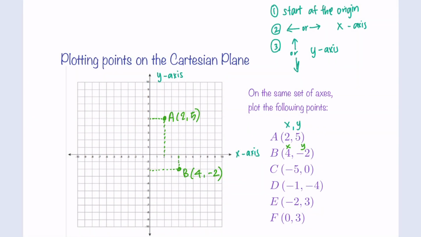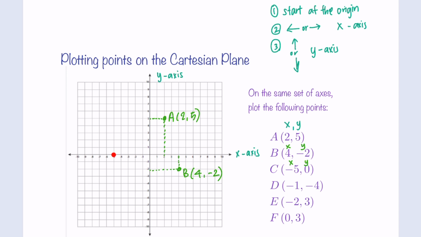Point C has the coordinates -5, the x coordinate, and the y coordinate is a 0. So starting on the origin, we have to move 5 steps on the x, and it's a -5, so we are going to go to the left, -5. So here is where I am. Then the y coordinate is a 0.